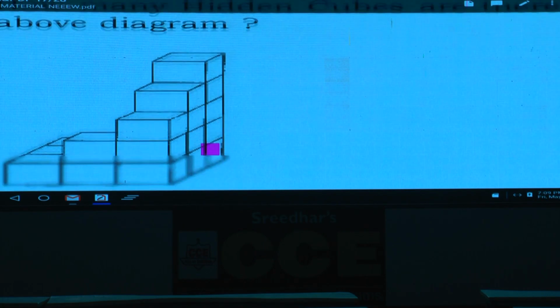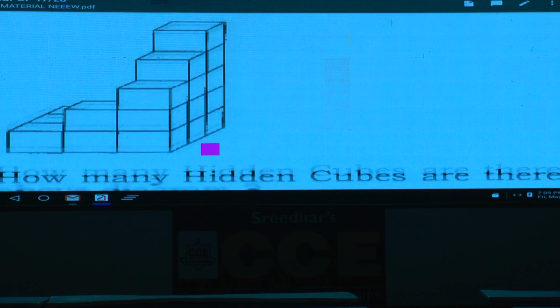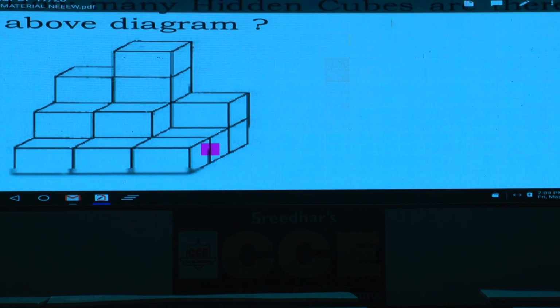Next 19th one. 19, it is 2. Then 20. 20 it is 6. Now this is about question number 16 to 20.